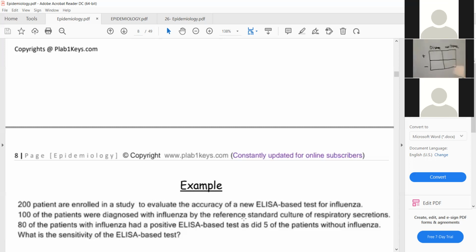Now we can say that we have a total of 200 patients. Out of these 200 patients, 100 were diagnosed to have influenza. How were they diagnosed? They were diagnosed on culture of the respiratory secretions, and 100 do not have the disease.